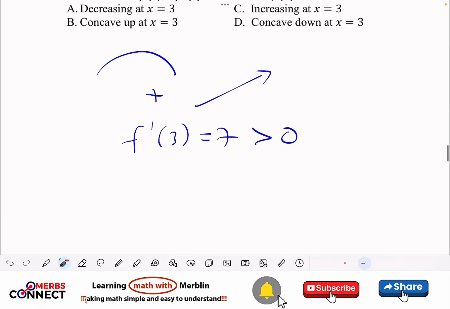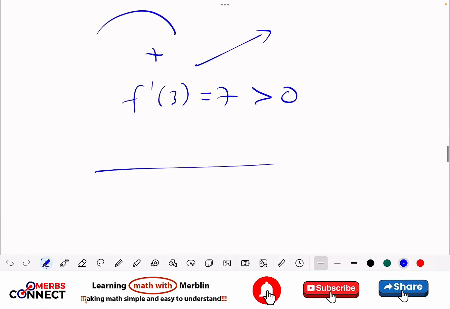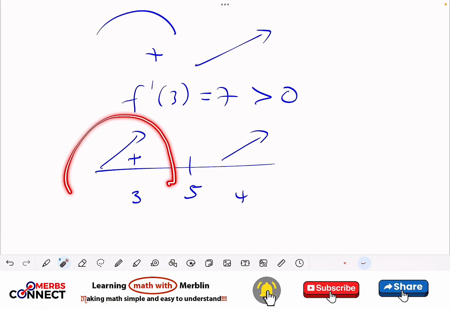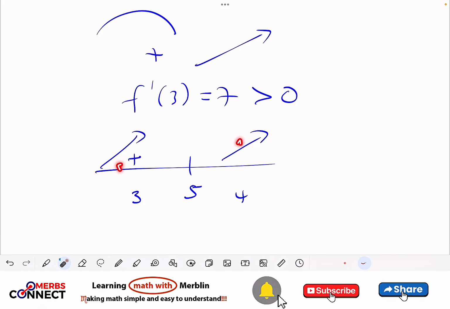Because if we have something like this, let's say 5 is here, and we pick a point 3 here, and this is positive, it's increasing. And let's assume that we pick another point here and it's also increasing. We cannot say that this is concave down, right? Because for us to call it concave down or up, the sign should change. It should be changing to negative, right? So basically, we cannot say that this is concave down.